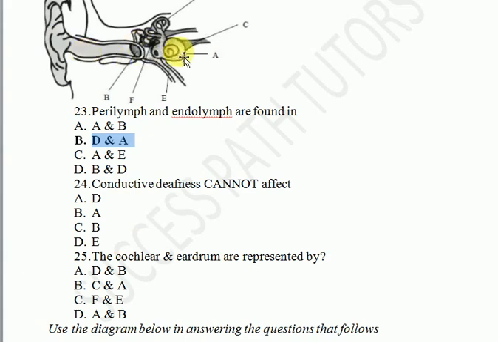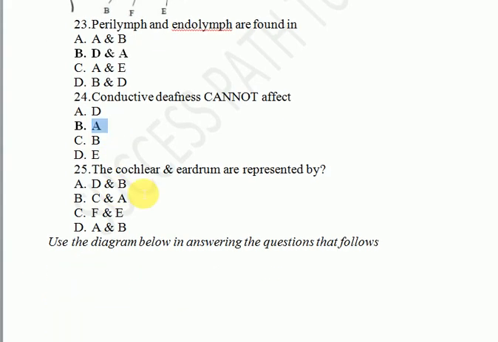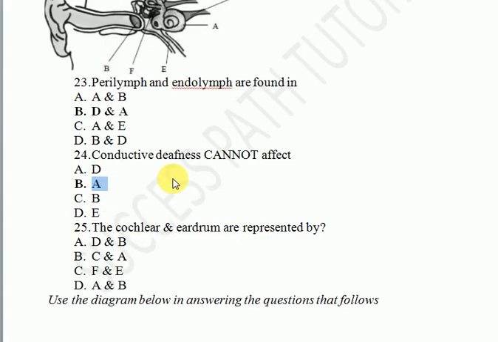So it cannot affect A. And what is A? A is cochlea, which is part of the inner ear. And that is the actual site of hearing. So the cochlea and the eardrum are represented respectively by A and B. Do we have anything like that? Yes, we do. That's option D.